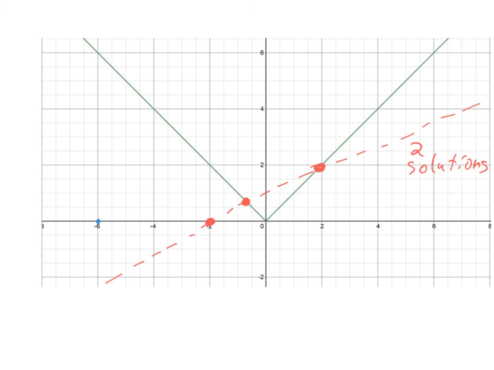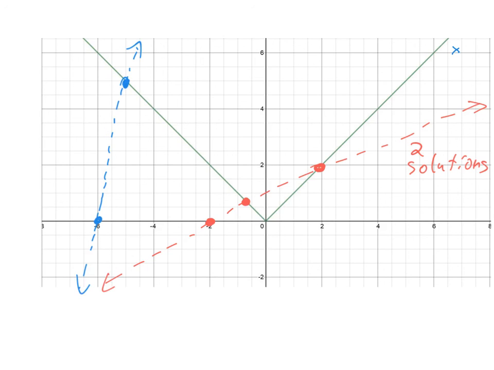Now, were I to instead perhaps look at this linear function, the linear function that passes through these 2 points, we can see that it will produce one solution, and you should be able to convince yourself pretty quickly that the line that I just drew will never intersect the absolute value function on the right-hand side due to their differences in slopes.